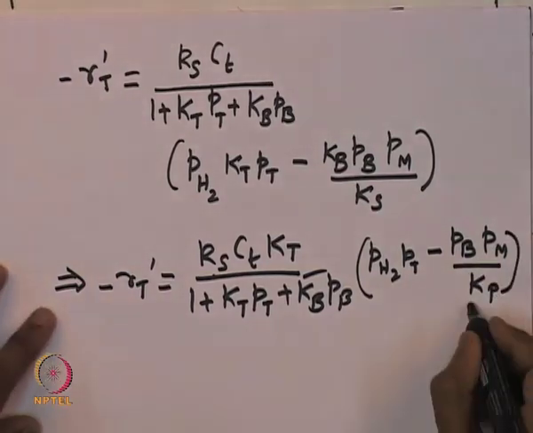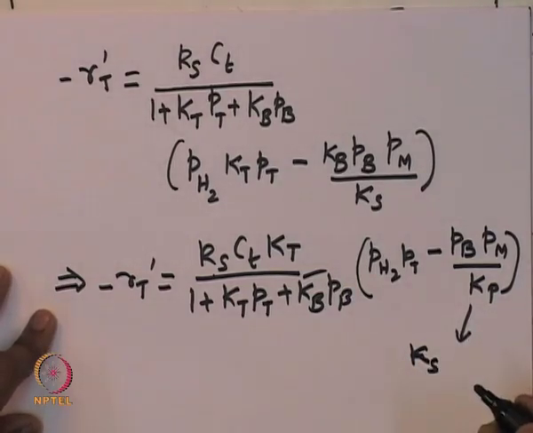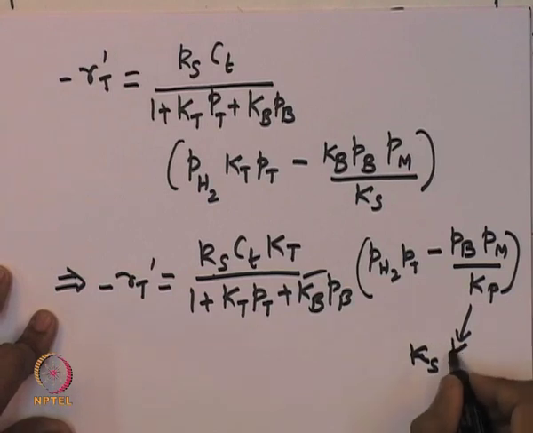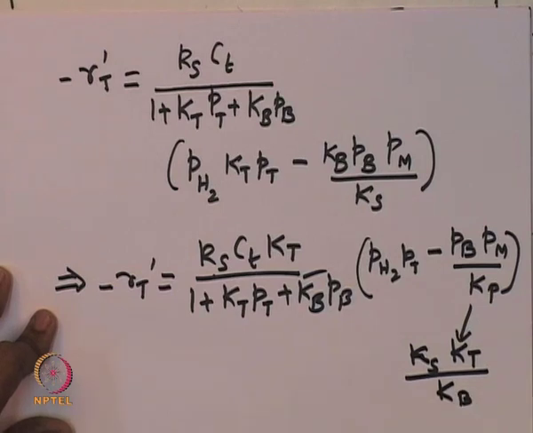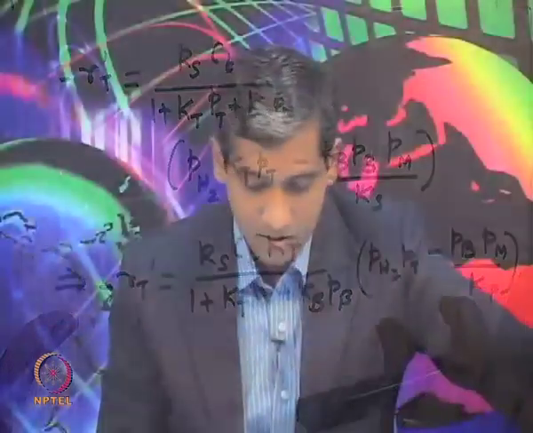Okay. So, this Kp is nothing but the equilibrium constant of the surface reaction multiplied by the corresponding constants for the adsorption of toluene and the adsorption of benzene. Okay. Note that Kp can be determined from the thermodynamic data of the overall reaction.